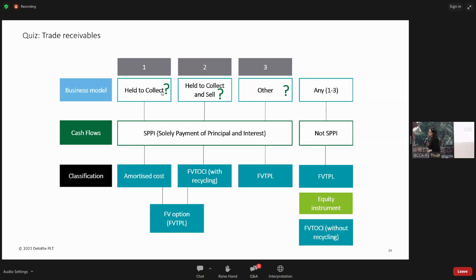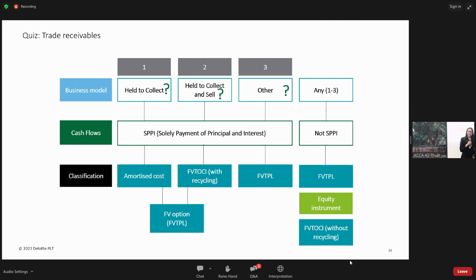If the client or the preparer is deciding to hold the receivable to collect it in full, then it's amortized cost. If it decides to hold to collect some, and some it will sell, then it will be fair value to OCI.